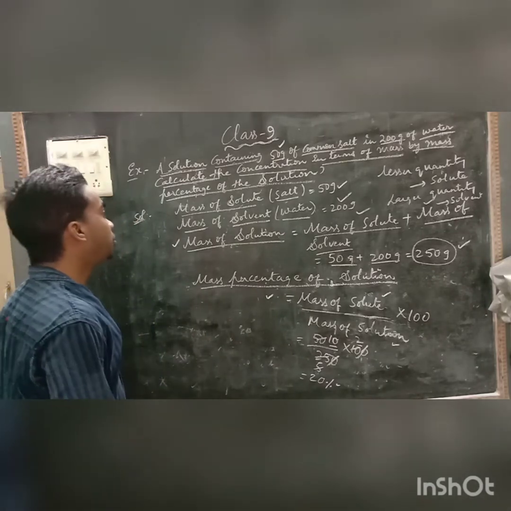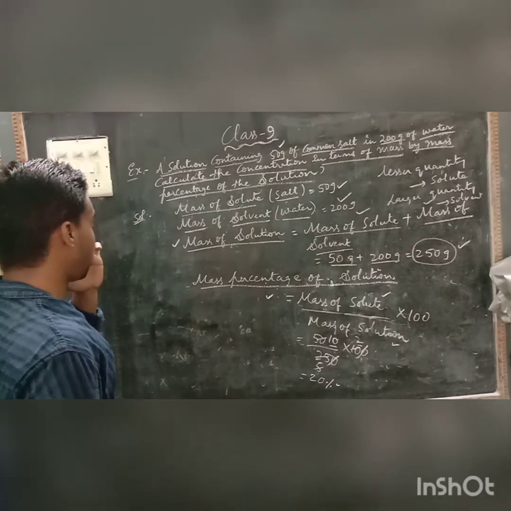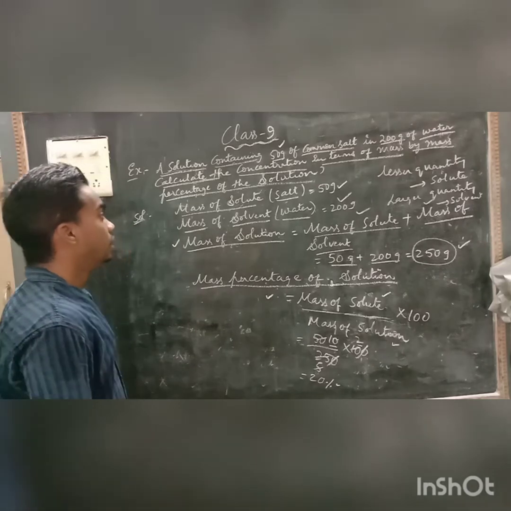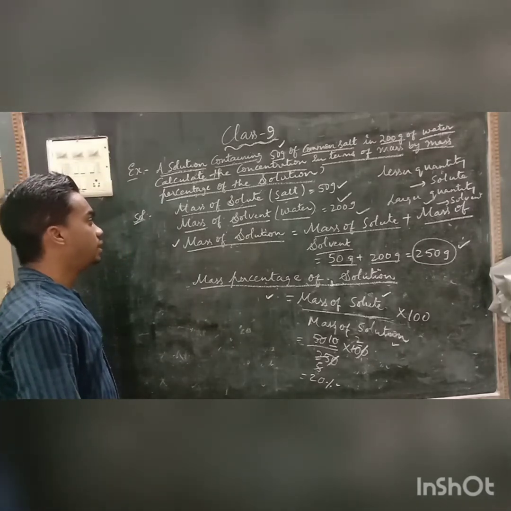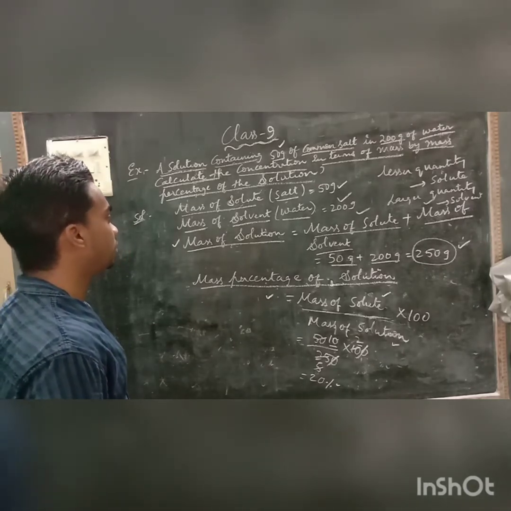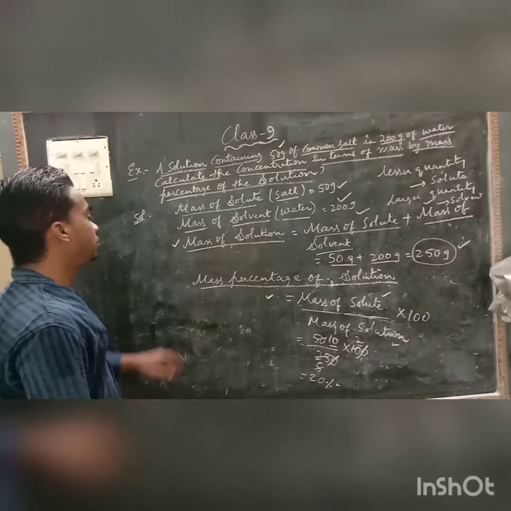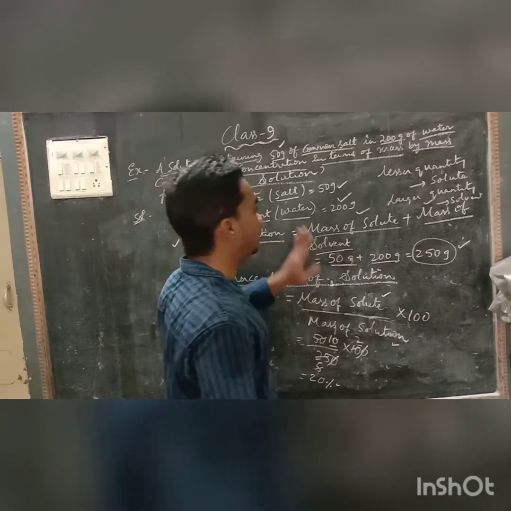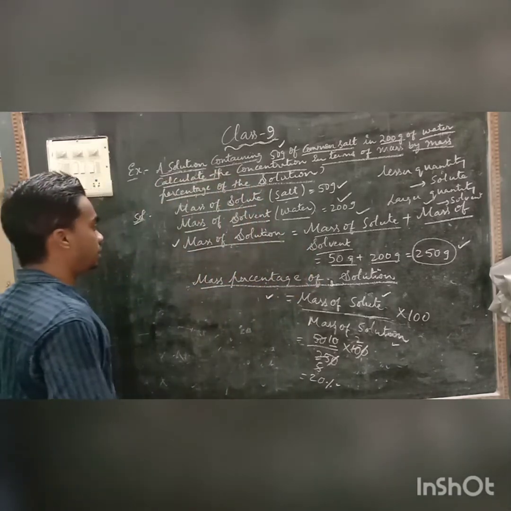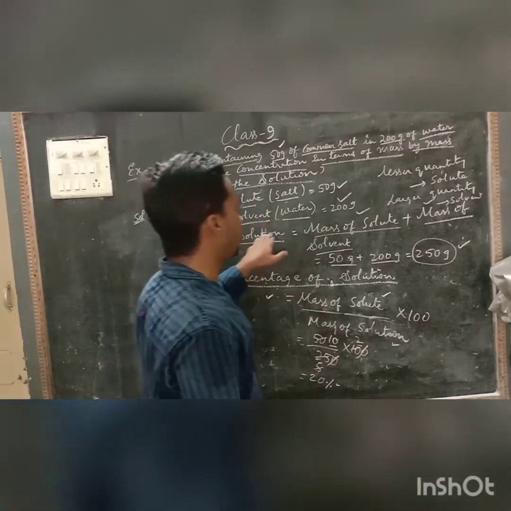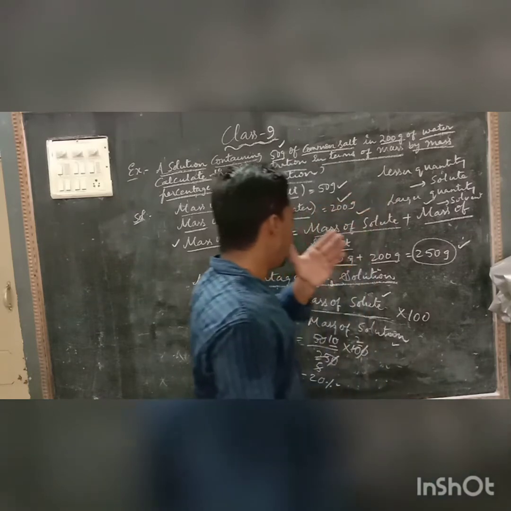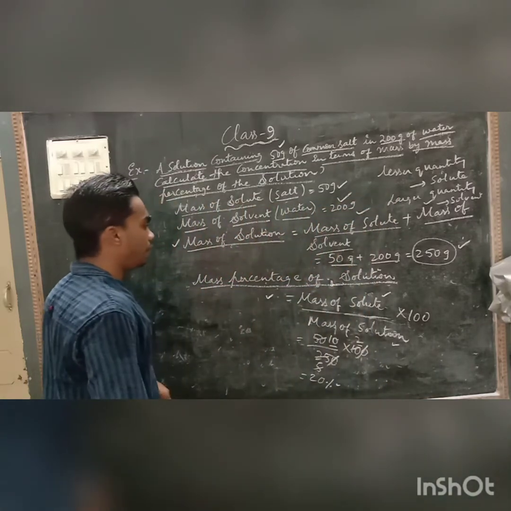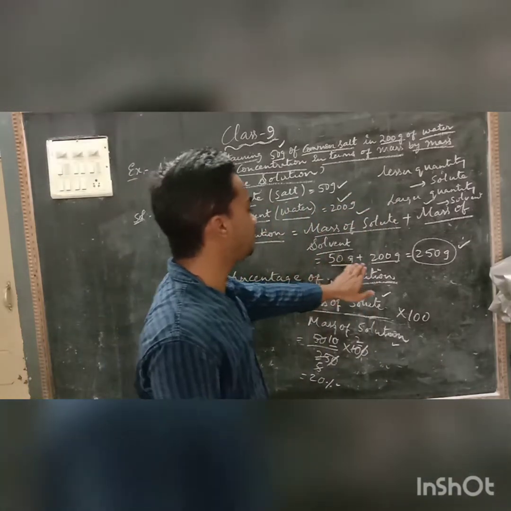First of all, you need to identify from the question what components have been given. Next, you need to identify which is solute and which is solvent. Next, you need to find the mass of the solution, because solute and solvent are given but the solution is not given. So mass of solution is equal to mass of solvent plus mass of solute, which is 50 grams plus 200 grams.